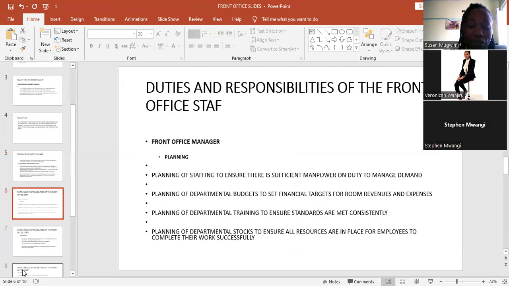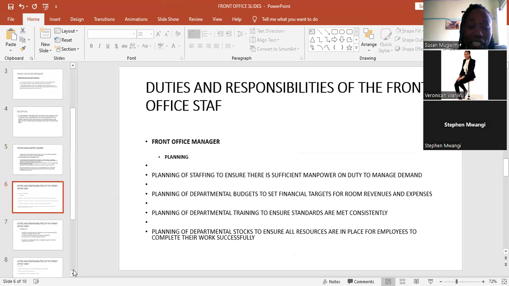Next, we have the front office manager. Of course, that's the first person or the biggest person in that organization. And you find that his or her work is to plan. That is the responsibility of a manager. He plans about the staff, the department budget, and the departmental training.